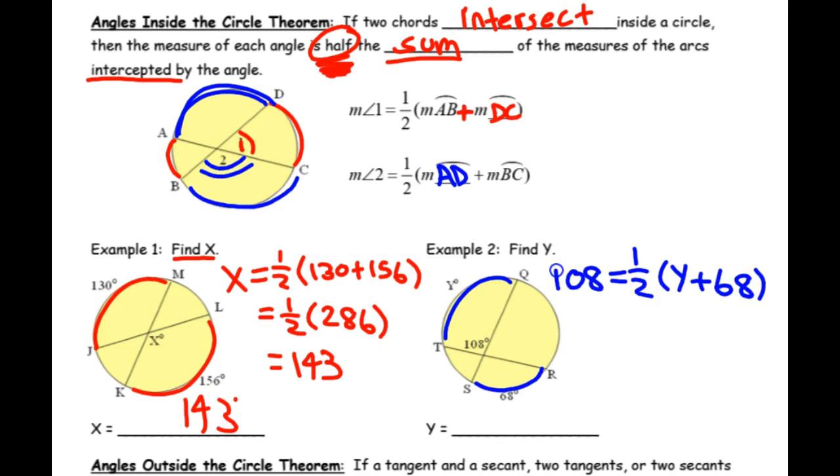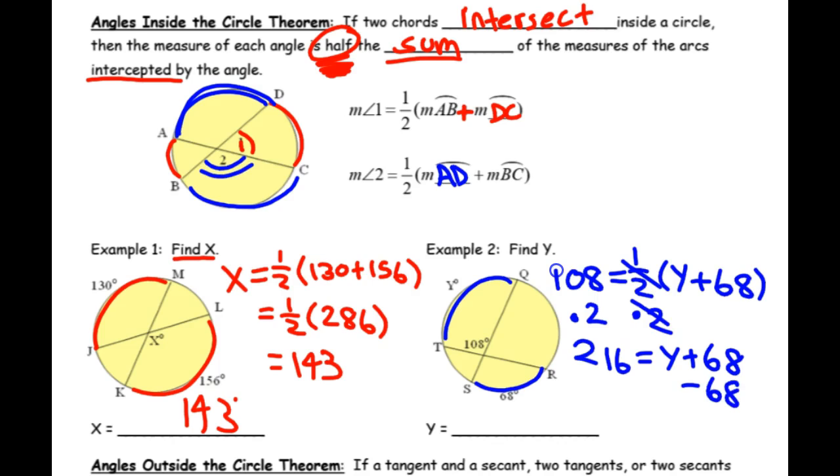So, I should get rid of this 1/2 first. How do I get rid of a 1/2? Multiply by 2. Times 2. Okay, if you're trying to get rid of a 1/2 fraction, you do times 2, cancel out, and on this side, times 2. What's 108 times 2? 216 equals y plus 68. And now I have one last step. Okay, subtract 68.